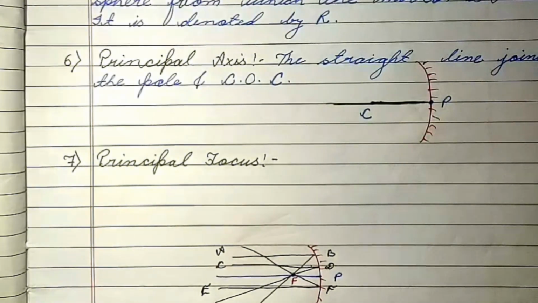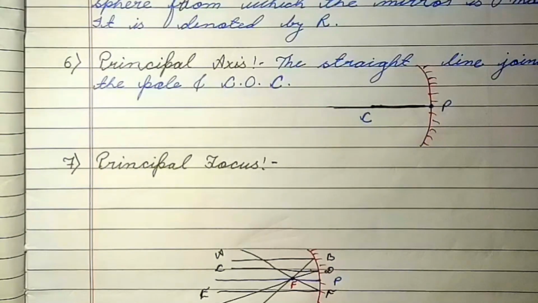Okay, so it is defined as: a ray coming parallel to the principal axis, after reflection from the mirror, meets at a point on the principal axis or appears to meet at a point on the principal axis. This point is known as the focus.